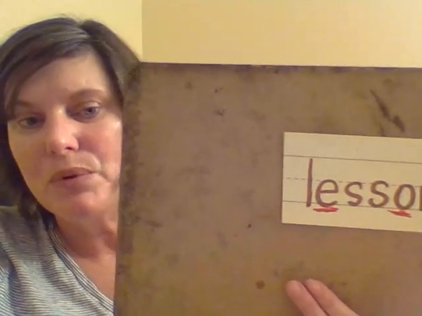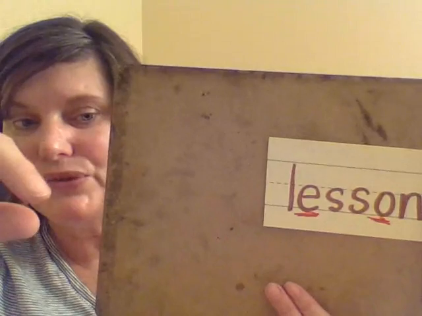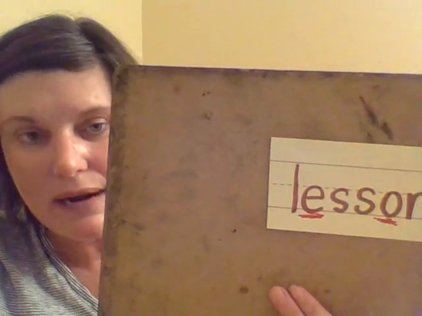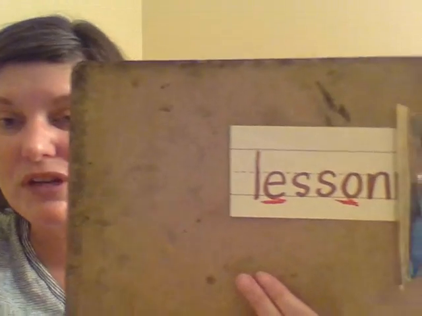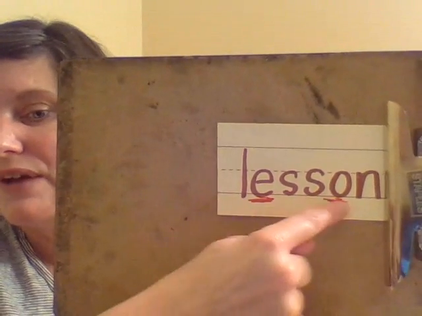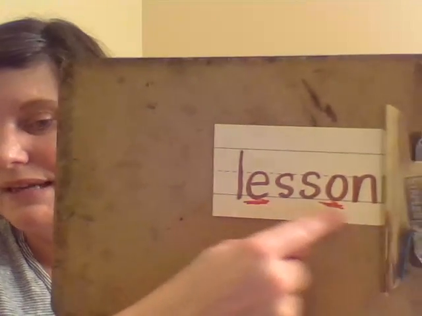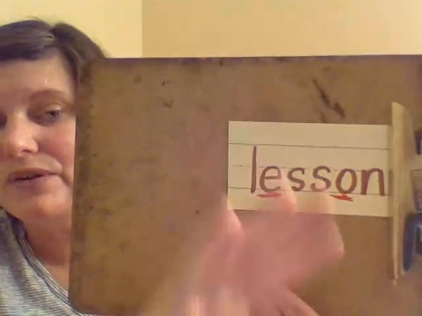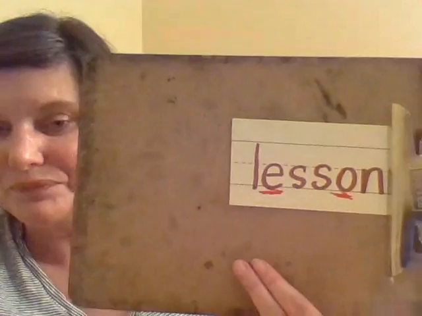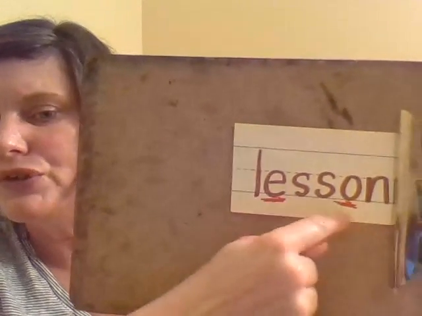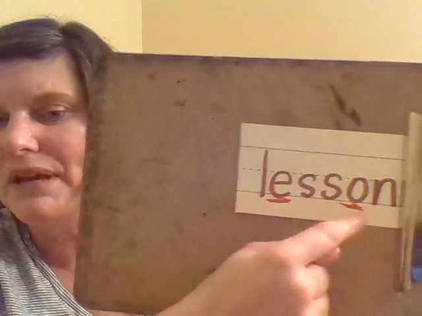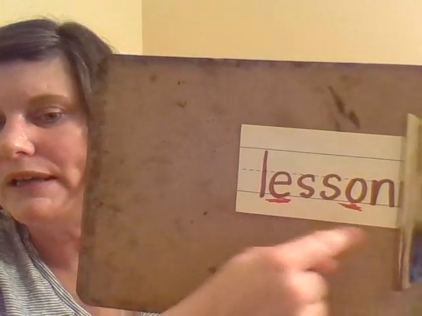The reason why that's important is that sometimes you're going to see vowels right next to each other, and when that happens, they're usually a vowel team. They're in a team together. But when you have vowels that are separated by consonants, then they're not meant to be together. So when I look at this word, I now know this is a 2-syllable word because our vowels are here and here.